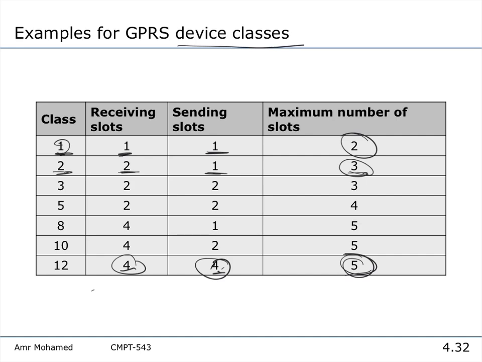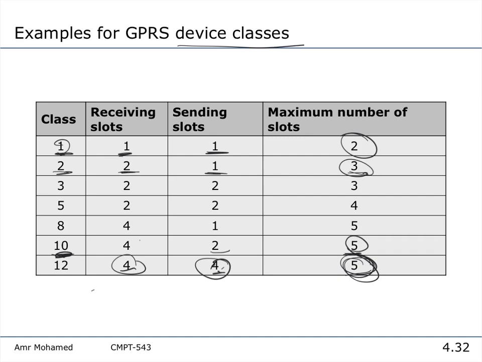Okay, the receiving slots and sending slots, receiving means downlink, are they not happening at the same time? No, these are happening at the same time, but it is the maximum number. This maximum is happening at the same time. So for example, let's take this one. For class 10, I can have 4 downlink time slots and 2 maximum uplink, but the total has to be 5.